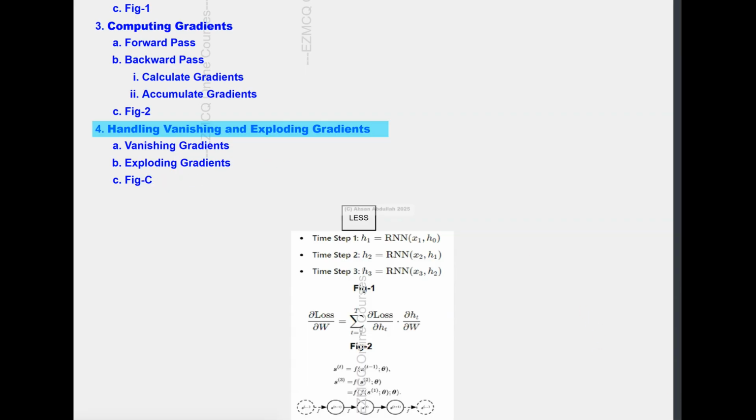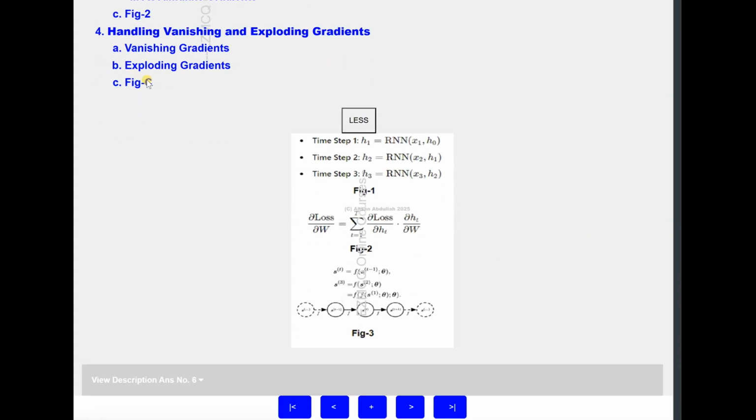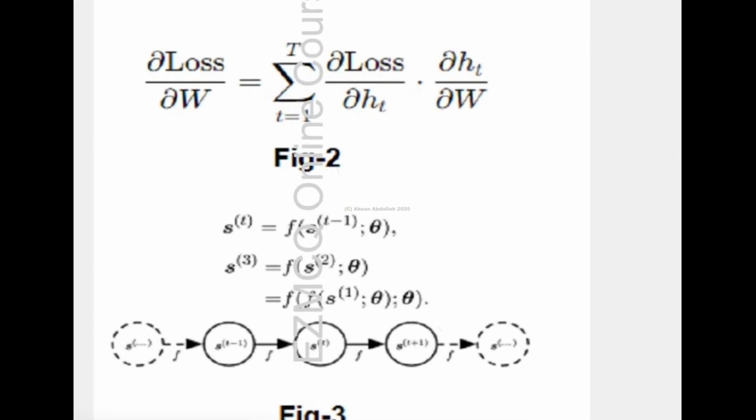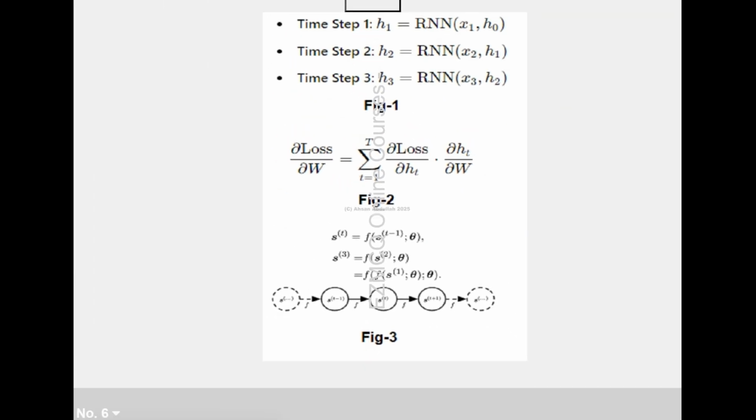That is shown here in figure 3. I can zoom this also for you. So what we can conclude from here is that training is very complex and it requires handling a lot of challenges.